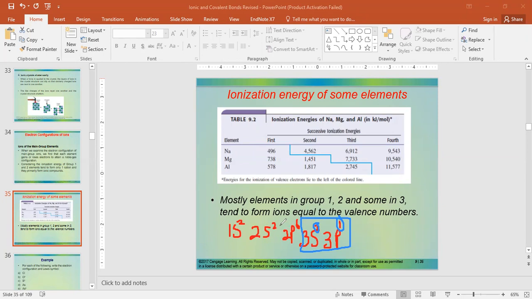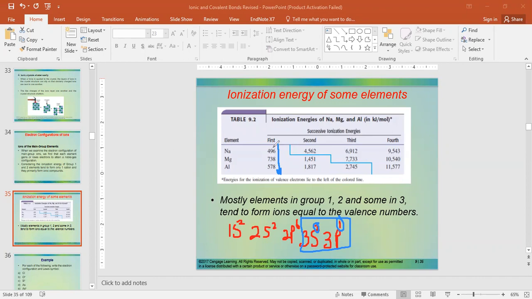Now, important to consider here is the trend in the first ionization energies. Remember, we generally say that the first ionization energy has a trend as you go down a group. Now, look at what happens here.